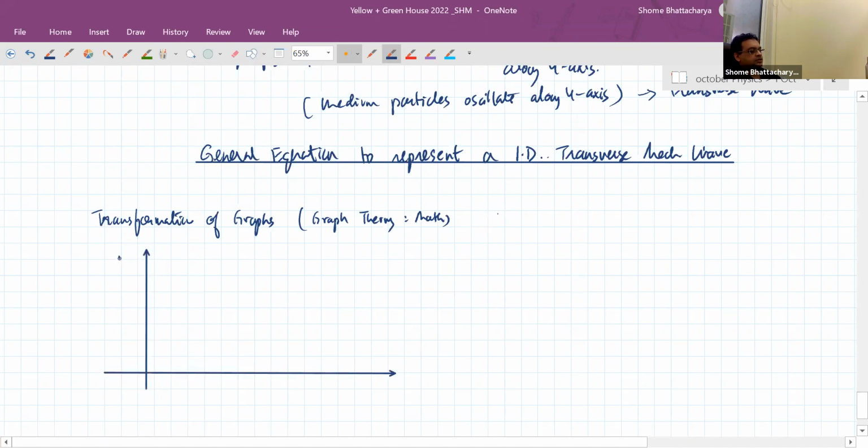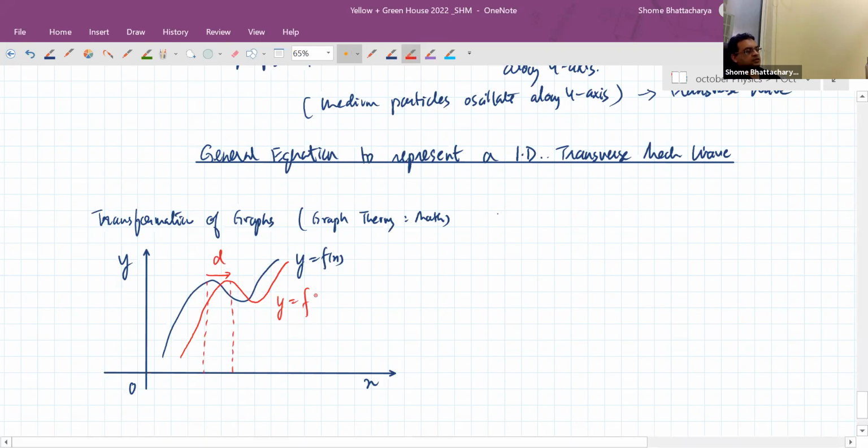But here the transformation we will understand is simply that if the graph of a function y is equal to f(x) looks like this, but we want to transform it such that the shape remains the same, but it shifts along the x-axis by a distance d, then we have to replace x with x minus d.